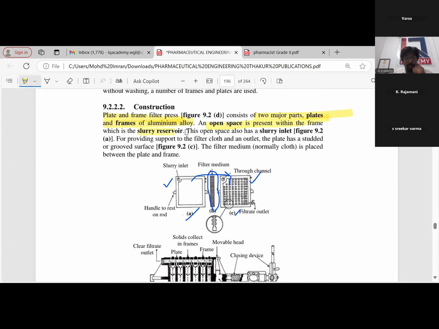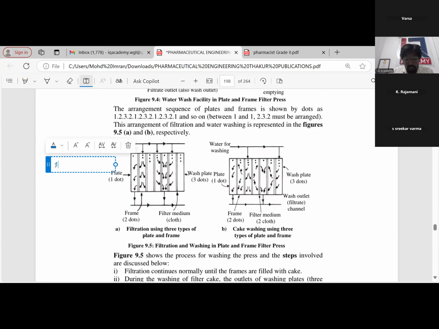During cleaning, the arrangement changes. This is the cleaning arrangement: 1:2:3:2:1:2:3. Please note it down. What is the 3 here? It is a cleaning plate, the plate which can send water with high pressure so that the cake formed on the filter media can be cleaned.